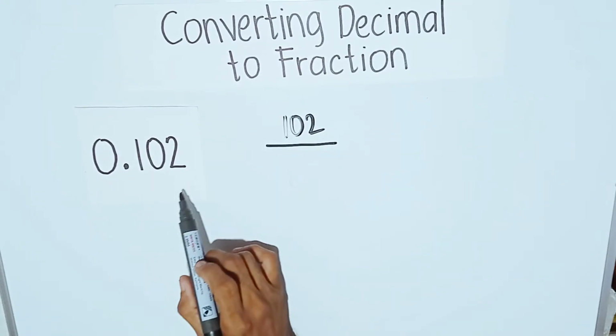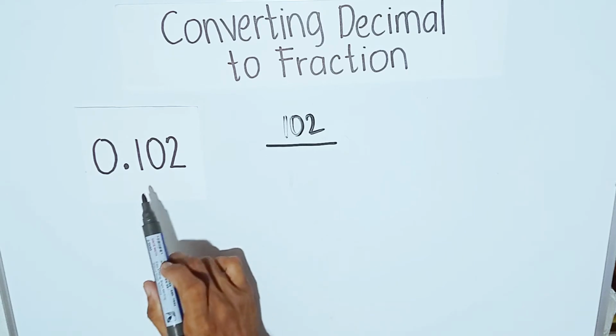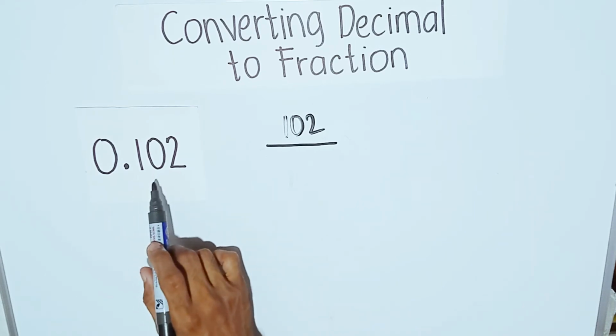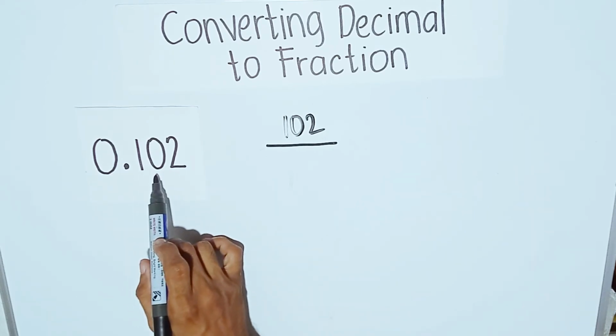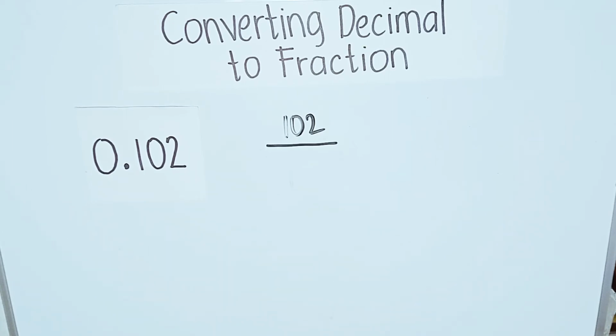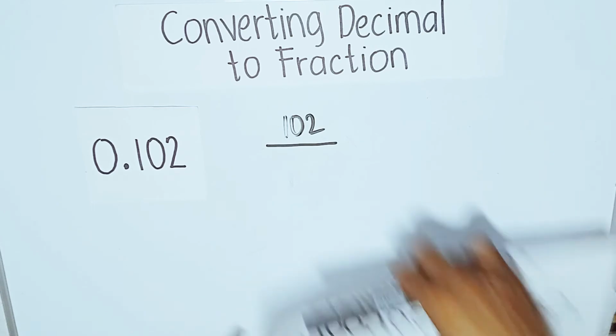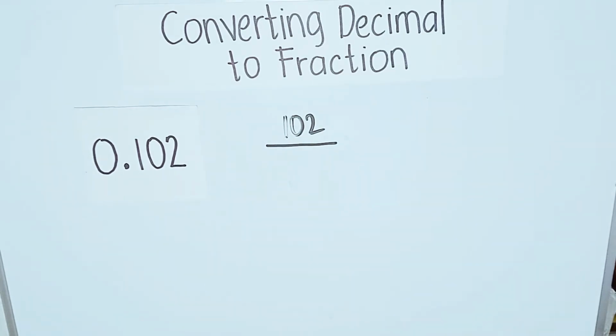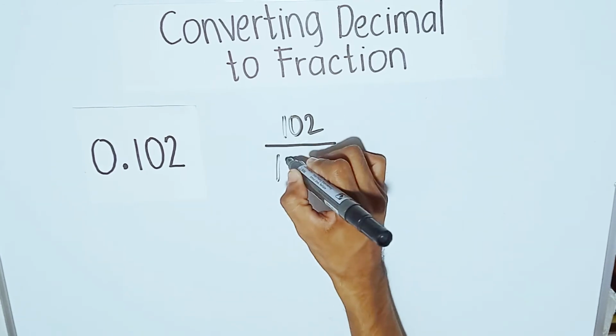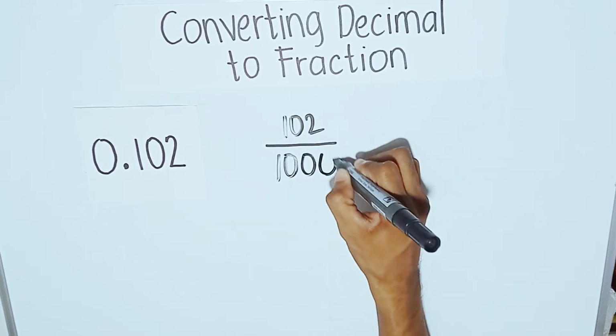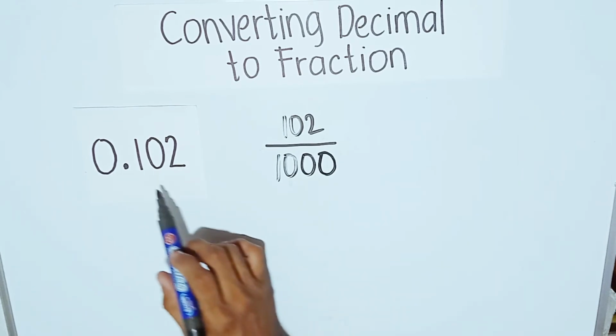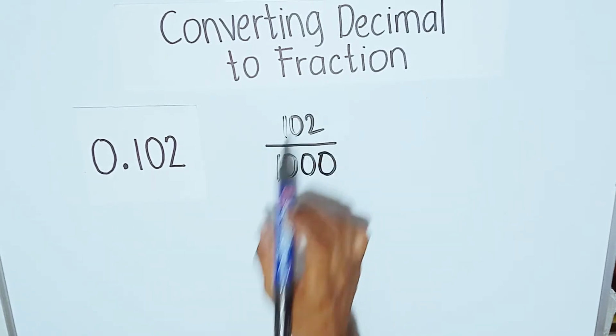Over. Now, ano kaya ang place value ng number na to? Meron tayong tenths, hundredths, yes, hindi ka nagkakamali. Meron tayong thousandths. So, gagamitin natin na powers of 10 is yung 1,000. Meron tayong 1,000 sa denominator. Kung napapansin nyo, class, nagkakaroon lang tayo ng pattern. Kung ano yung nakikita natin na number, yan yung magiging numerator.